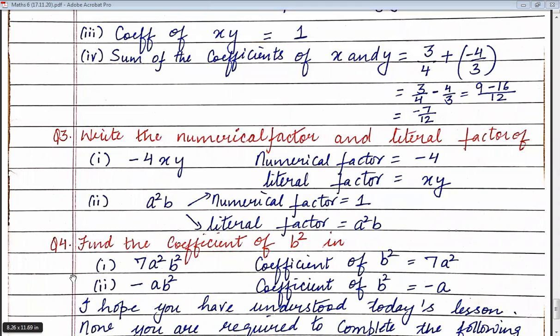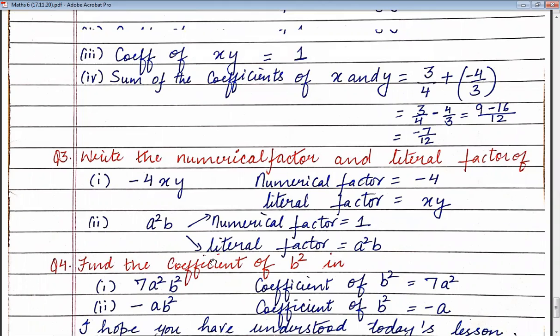Now question number 4. Find the coefficient of b square in the following terms. Now children, let's see what we have to do. We have to find the coefficient of b square. Now let's see where b square is. Let's read the term first. It is 7a square b square.